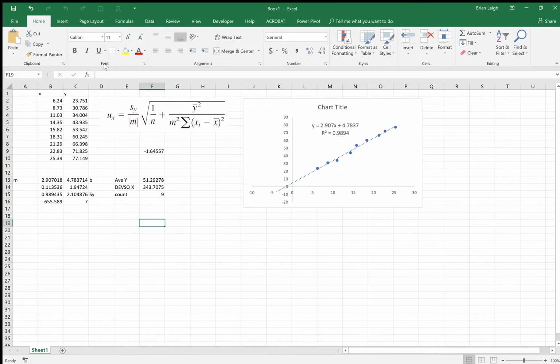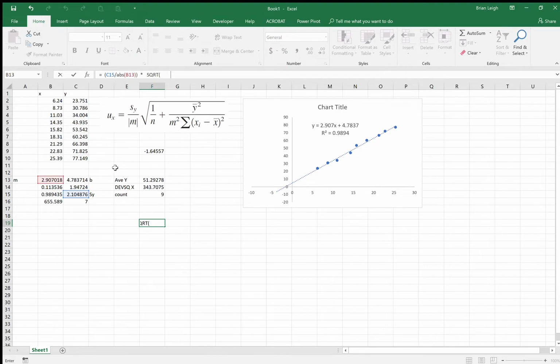What's my error going to be? My error is going to be my error in y divided by the absolute value of m. That is going to be multiplied by the square root.